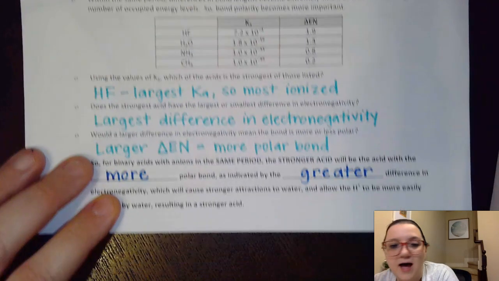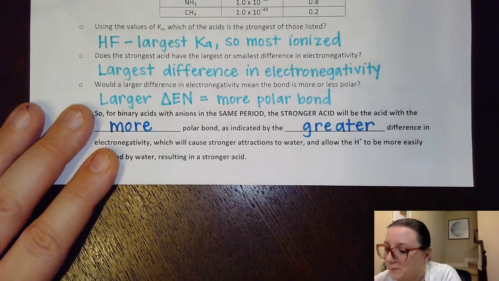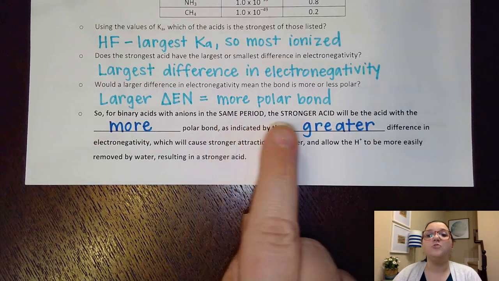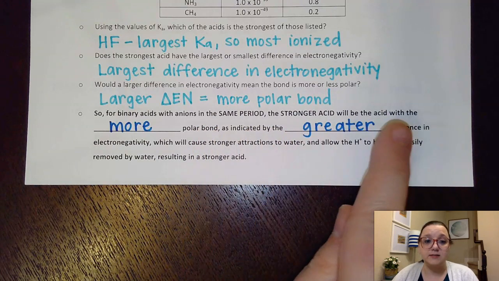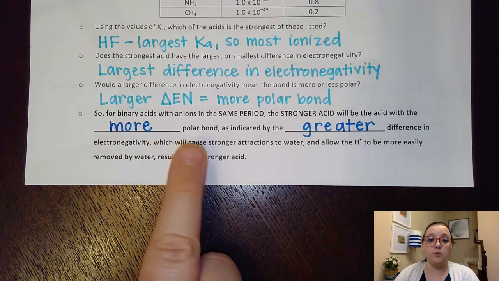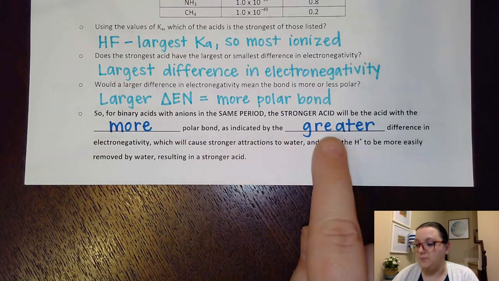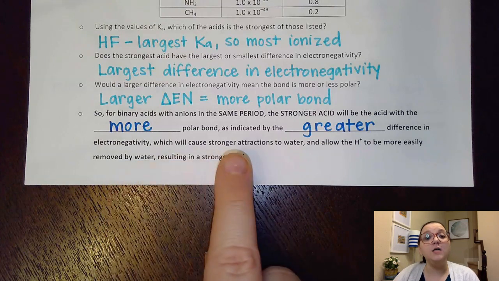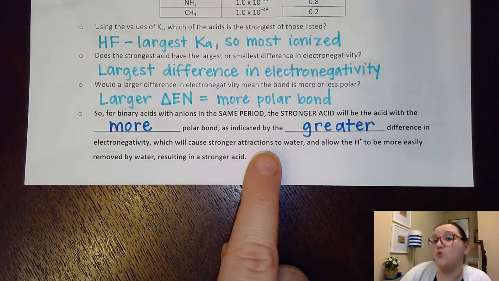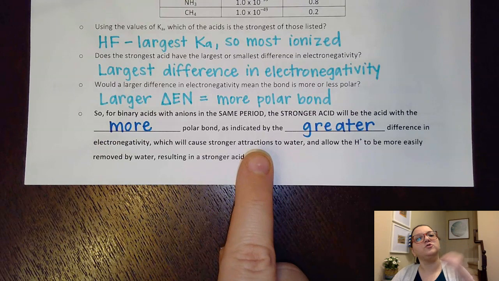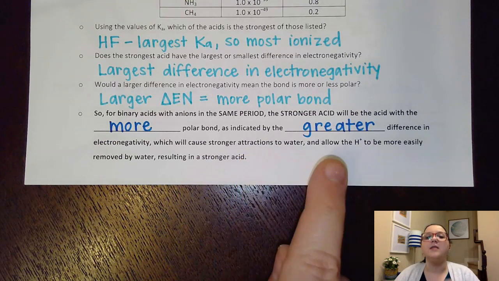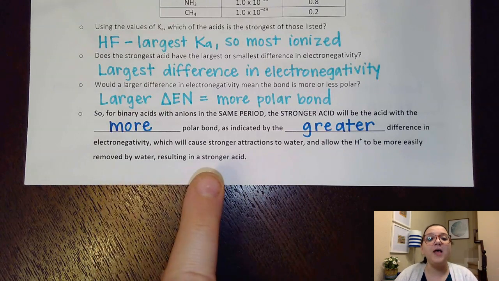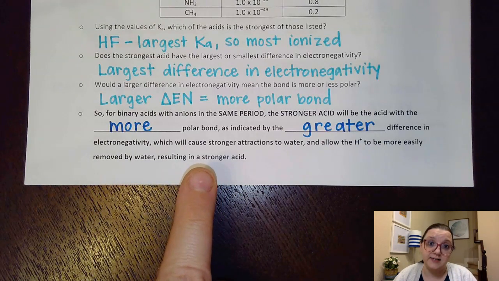For binary acids with anions in the same period, the stronger acid will be the acid with the more polar bond, as indicated by the greater difference in electronegativity, which will cause stronger attractions to water. And if I get those stronger attractions to water, the hydrogen will be more easily removed by the water, and that will result in a stronger acid.